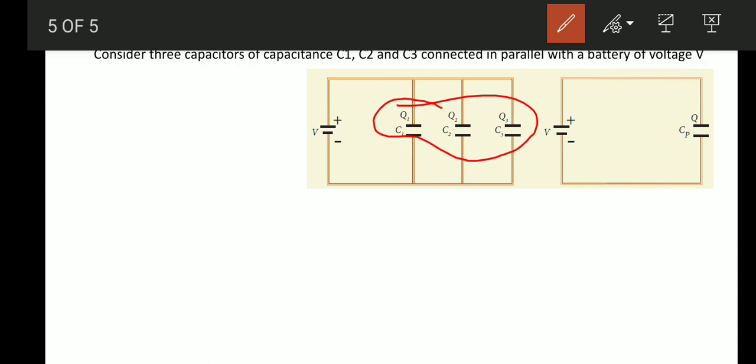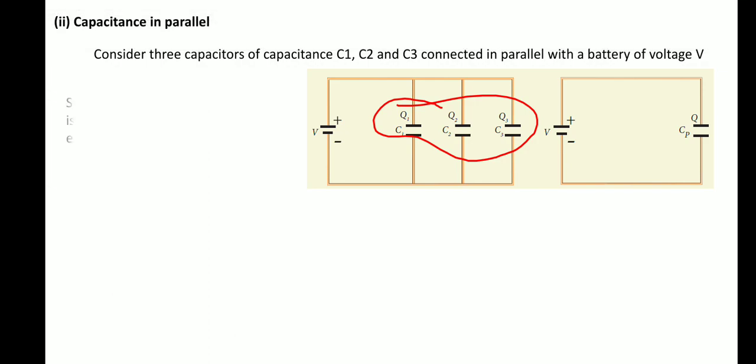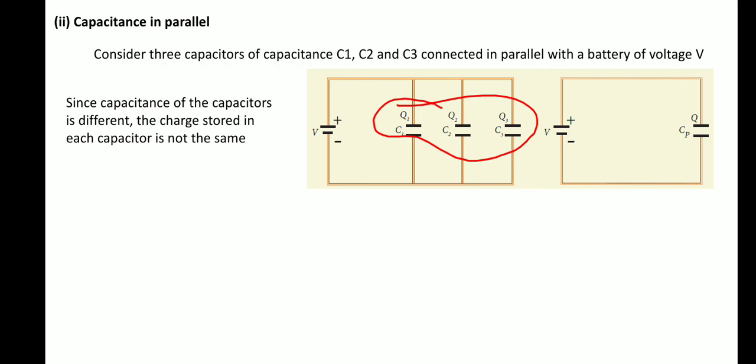Potential across each capacitor is the same. Since the capacitances are different, the charge stored in each capacitor is not the same. Then the total charge applied to the three capacitors will be equal to the sum of the charges stored in the individual capacitors, that is Q is equal to Q1 plus Q2 plus Q3.